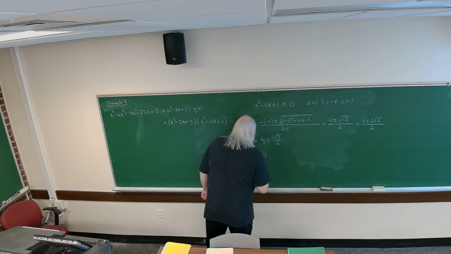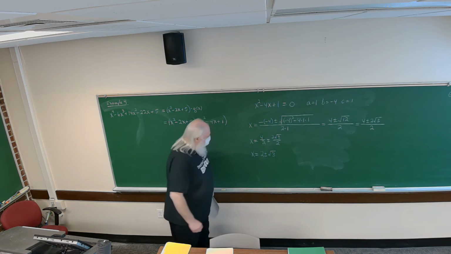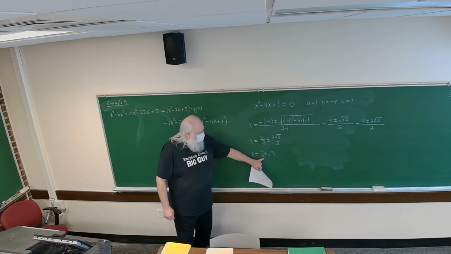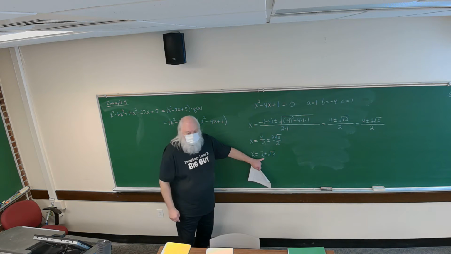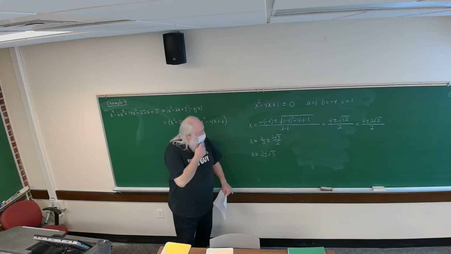And the 2's cancel in the second fraction. We're just left with root 3. So the two remaining solutions of our equation, the fourth degree polynomial, are irrational. 2 plus the square root of 3 is an irrational number. And 2 minus square root of 3 is an irrational number.